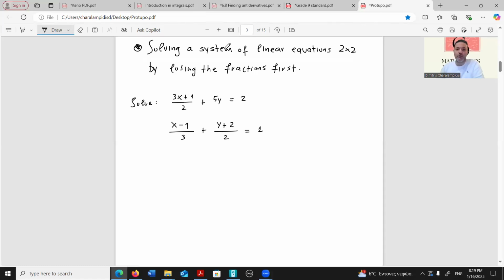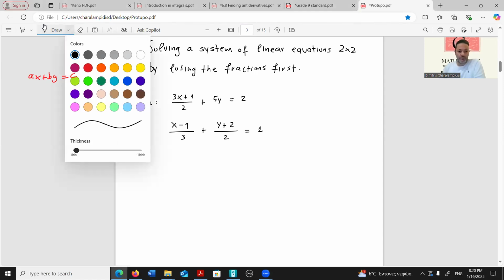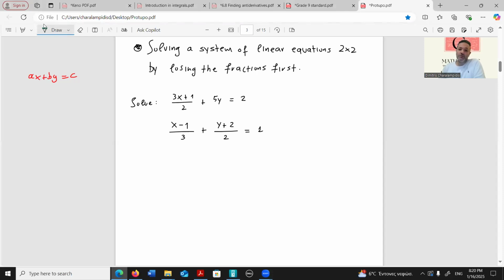And by standard form, we mean the form ax plus by equals c. So the actual problem here is the presence of fractions. How can I get rid of these fractions? I should multiply each one separately. I will work with the first one and then with the second one.